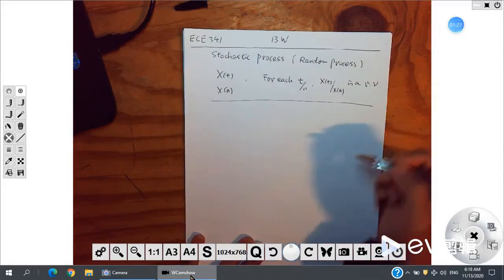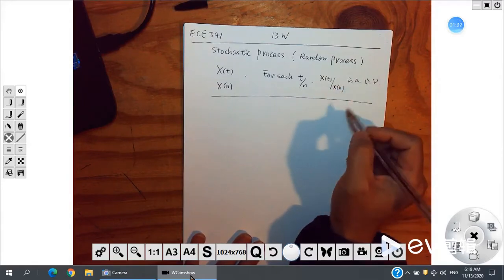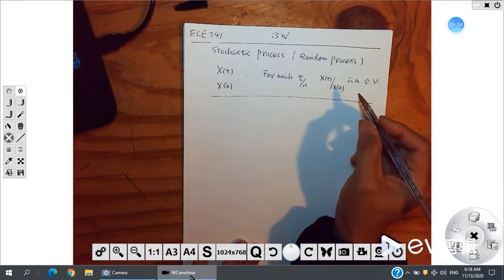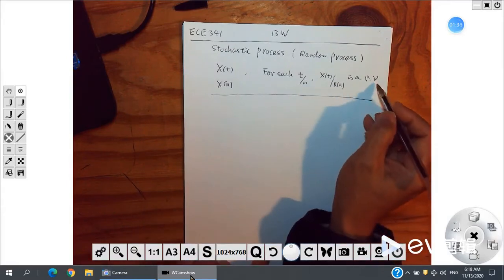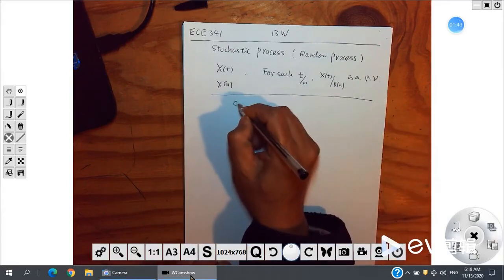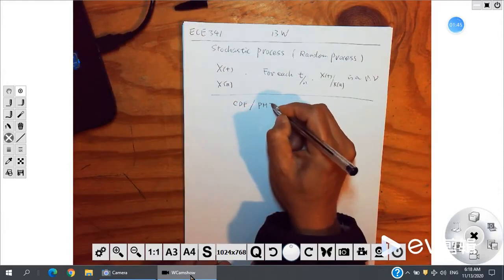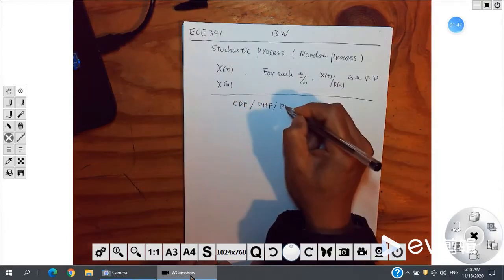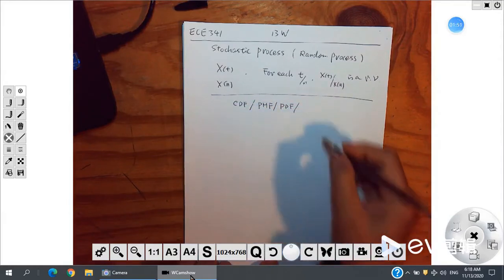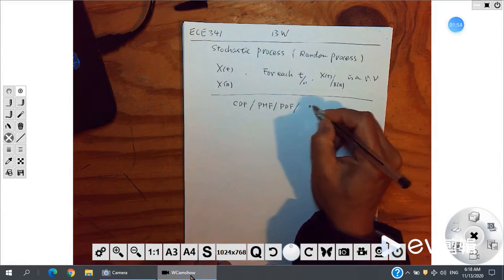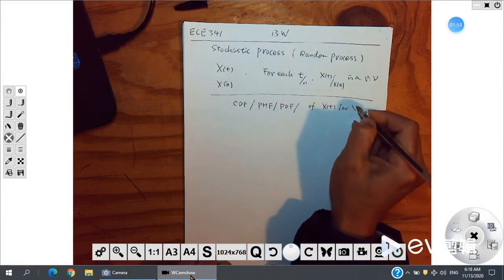But if you try to describe these random variables, that will be very complex. Actually, we just use the normal way to describe those random variables. We have CDF, we have PMF or PDF, right? We have three functions. We can use these three functions to describe each x(t) or x(n).